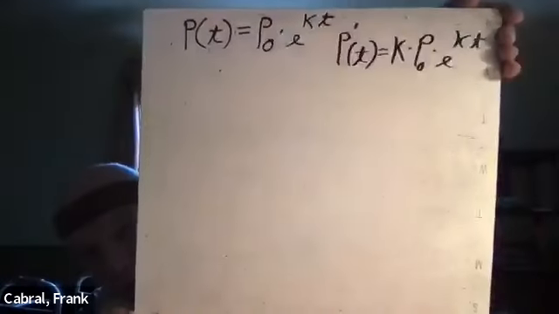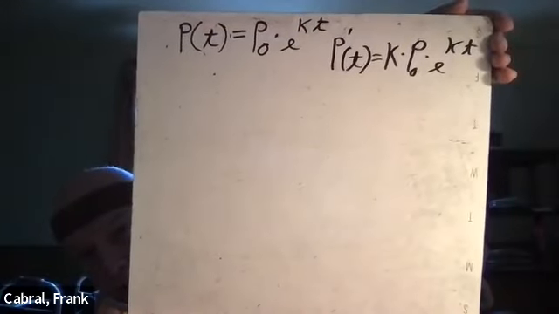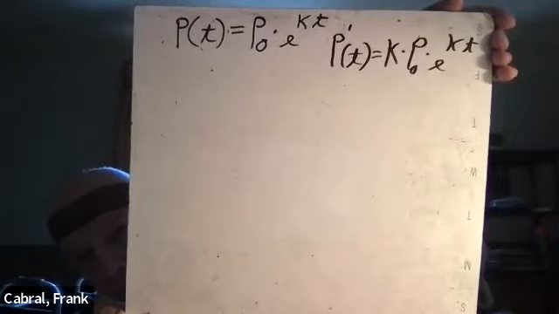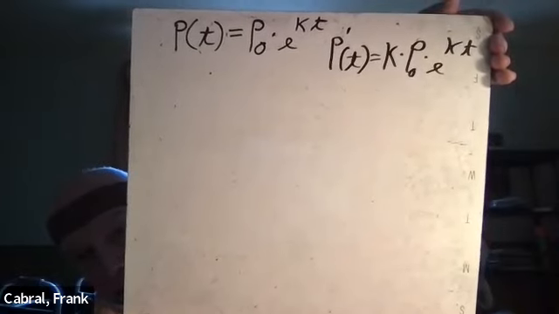Again, because this is an inside chain rule, so the derivative of kt is equal to K. So there's your model for growth or decay, and there's your derivative in general.